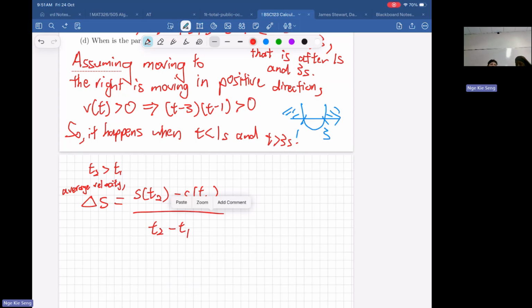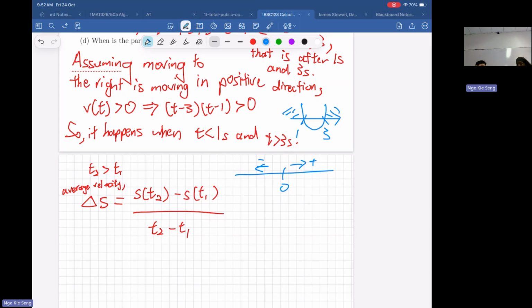In our case, what does it mean for x to be positive, and what does it mean for x to be negative? x positive should be moving to the right. Imagine a line with 0 here: moving here is positive, moving here is negative. If the change is positive, you move more to the right.